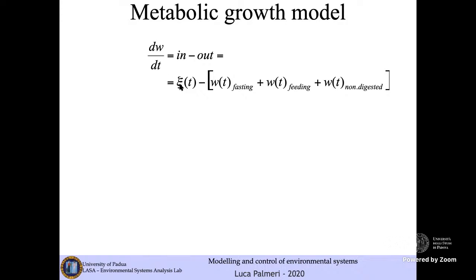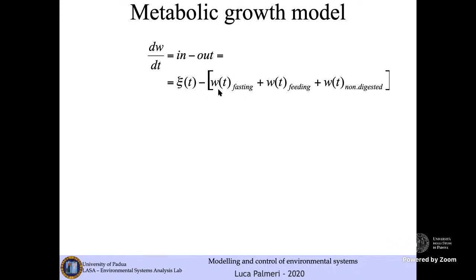What goes in may be described by a function of time, C(t), describing the consumed food, and the output may be subdivided into three contributions. What is taken away from the available quota for growth is the energy. We always indicate it like a W; this may be energy or biomass.